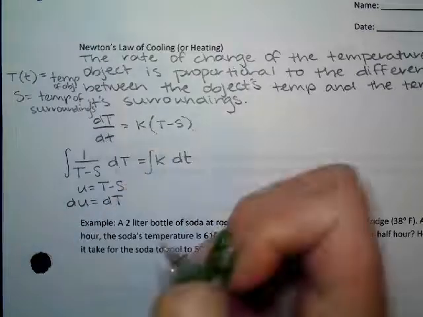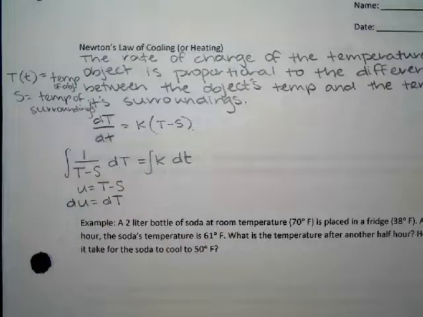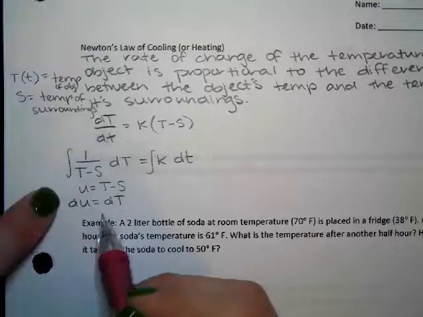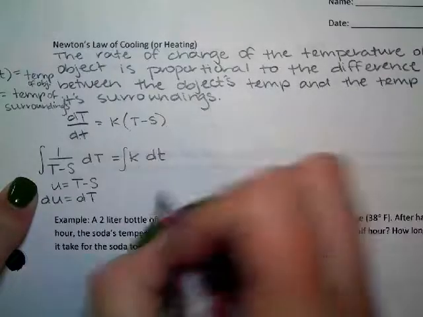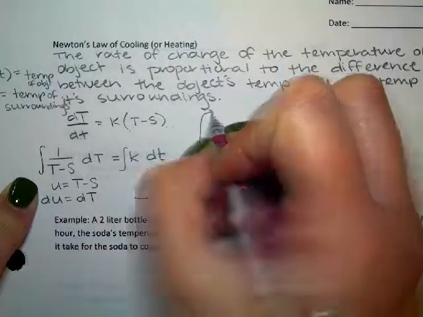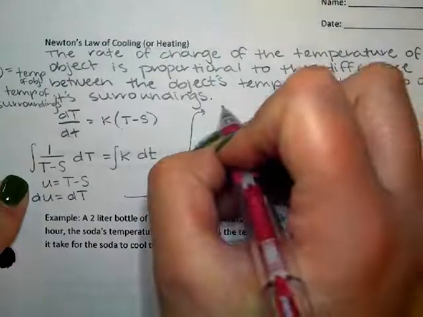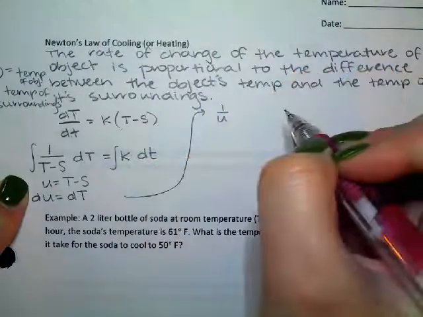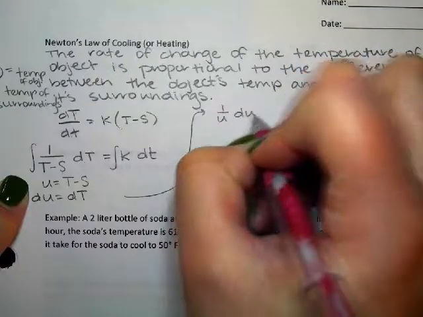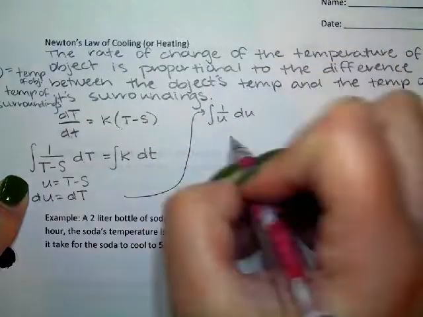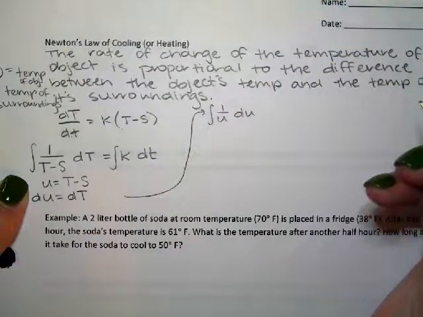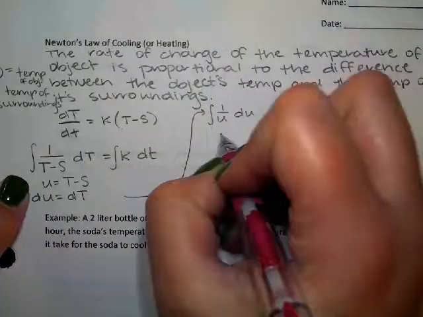Because the S is kind of like saying T minus 7, T minus 5, T minus negative 1, T minus a number. So when we integrate this, we're integrating 1 over u du. What do we get when we integrate that? ln u.